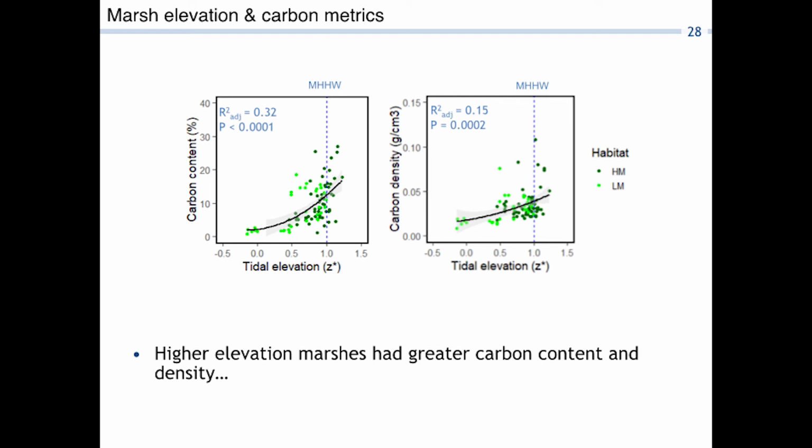There's a lot of scatter in that relationship, but a fairly decent relationship between elevation and carbon content. On the right side is carbon density, in grams per cubic meter. A little bit weaker relationship, but a significant relationship there. So the stocks really are higher in these high tidal wetlands.